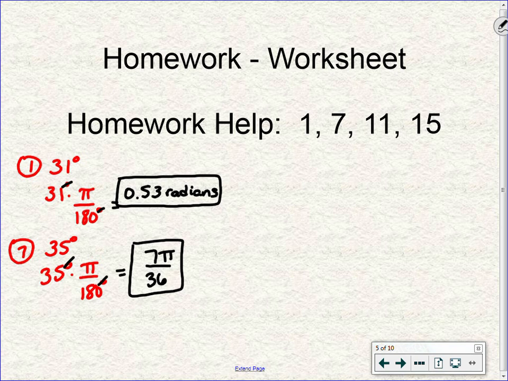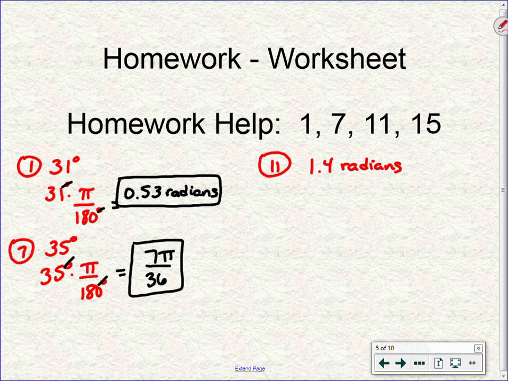All right, you should be able to finish that section off. Number 11, first one in the next section, says convert the radian measure. So that 1.4 is radians, which tells you it's like number 1, the pi is in there. So we have to get rid of the pi that's in there when we convert it to degrees.